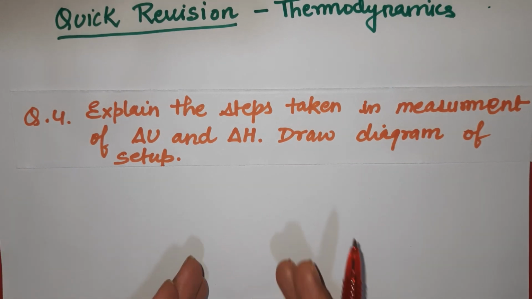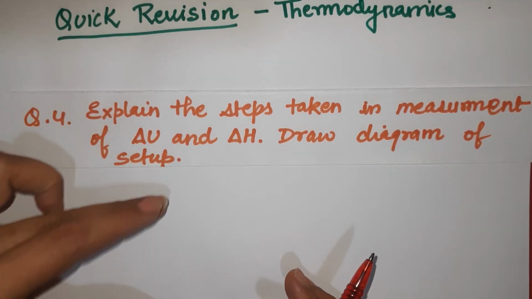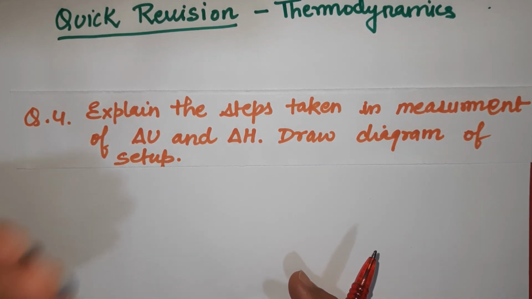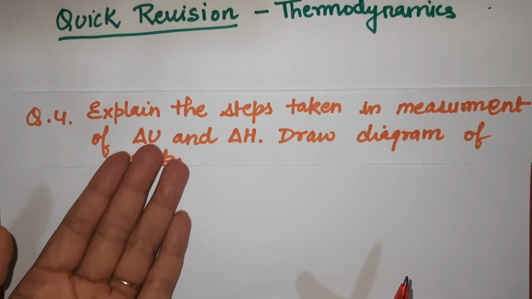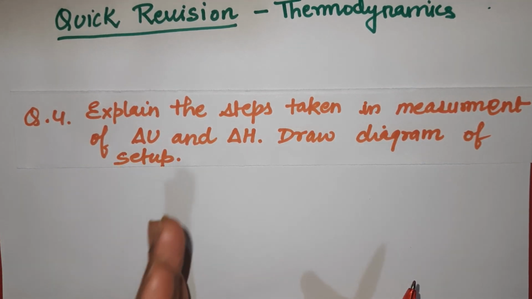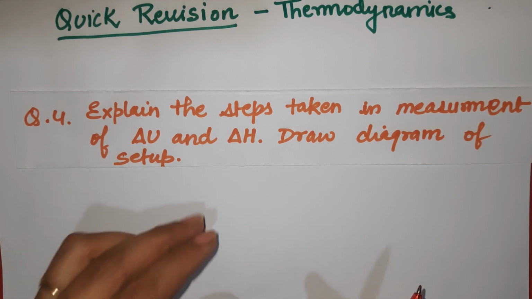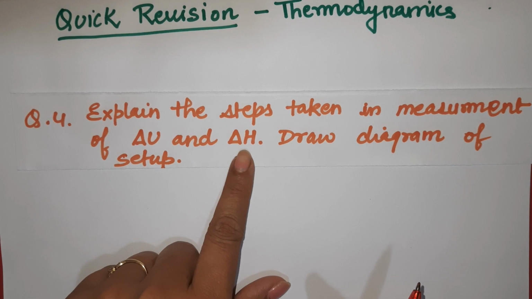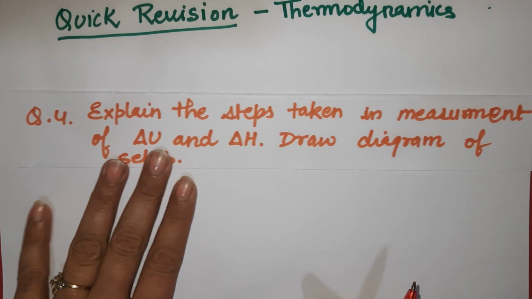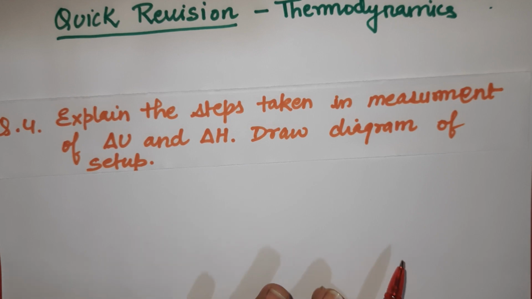You have to draw the diagram and write the way of measuring the temperature change. In delta U, delta U is equal to QV, meaning at constant volume we observe the heat change, and for delta H we calculate the heat change under constant pressure.